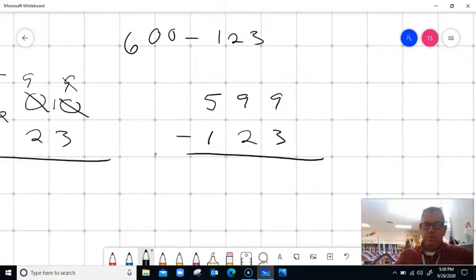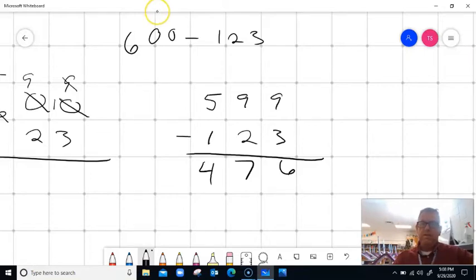You just take 3 from 9, and 3 from 9 is 4, 5, 6, 7, 8, 9, which is 6. And then 2 from 9 is 2, 3, 4, 5, 6, 7, 8, 9, which is 7. And then 1 from 5 is 4.